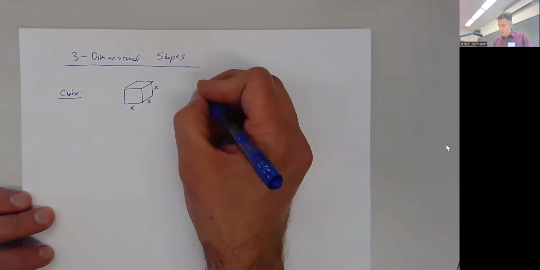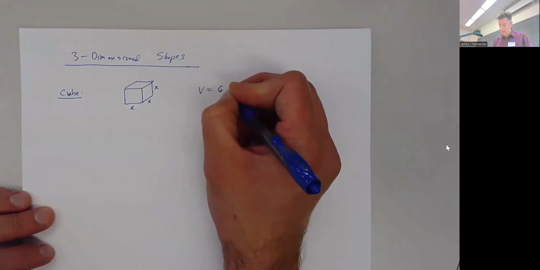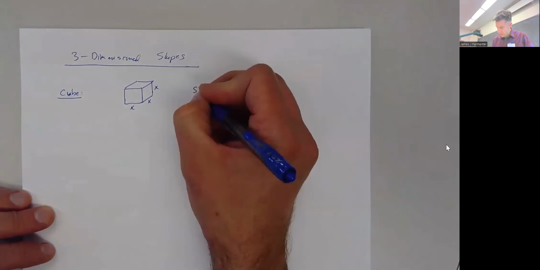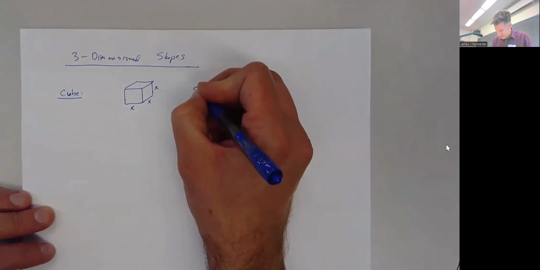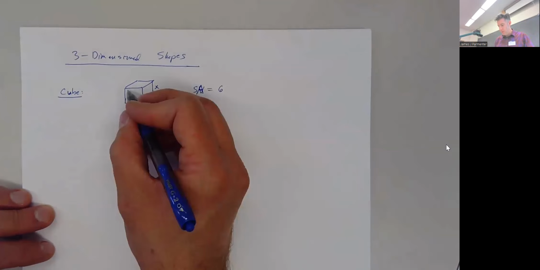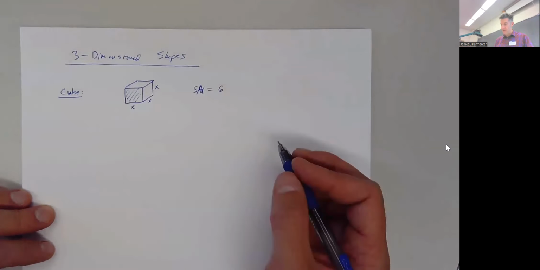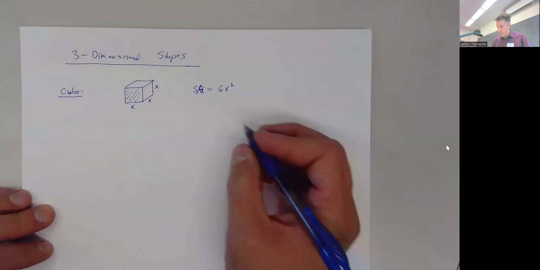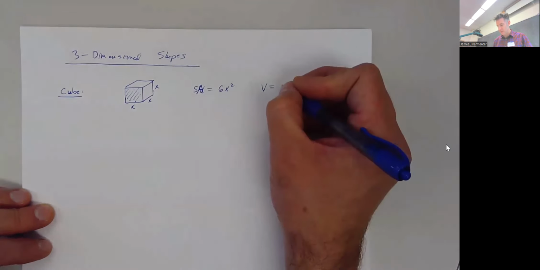So then the volume here is 6. That's not the volume. That's the surface area. The surface area here, sorry, is one face is x squared, and there's 6 of them, so it's 6 times x squared. I know, I'm sorry. And the volume is x times x times x, which is x cubed.